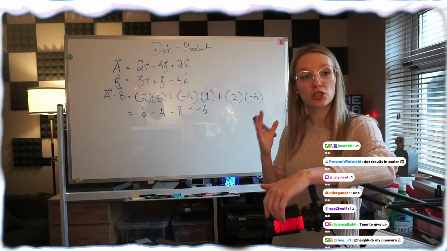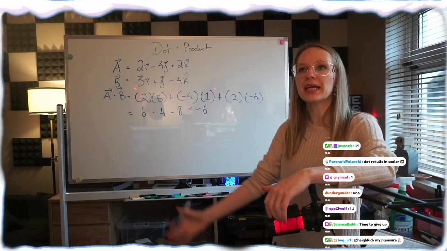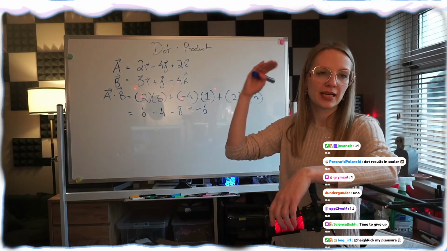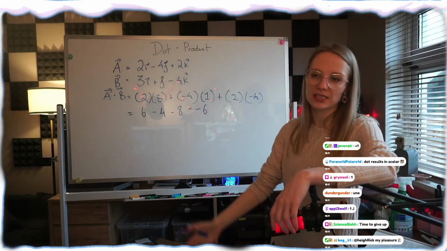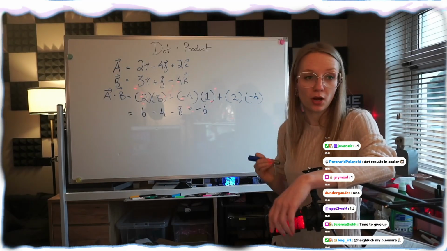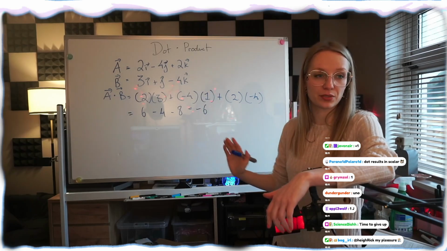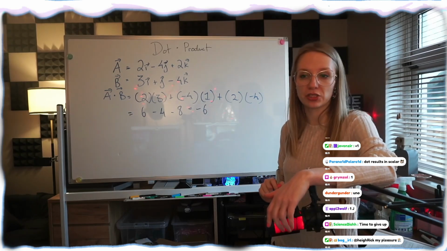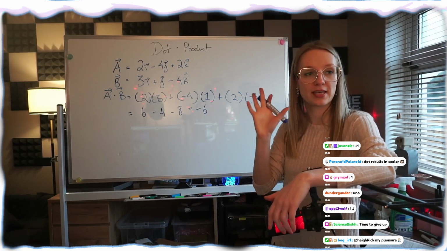So if we were given two vectors, it could be an electric field, it could be a magnetic field, it could be a force. Sometimes we're just given values and we have to do a dot product between them. This is how we do it. Note, we don't have a direction associated with this, we just have a number.